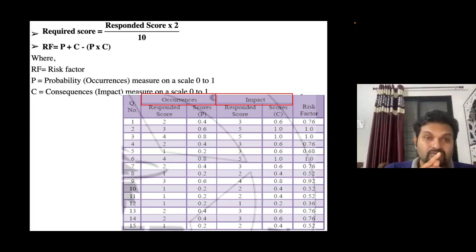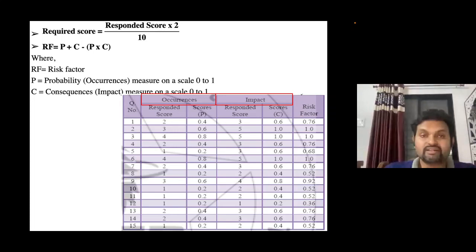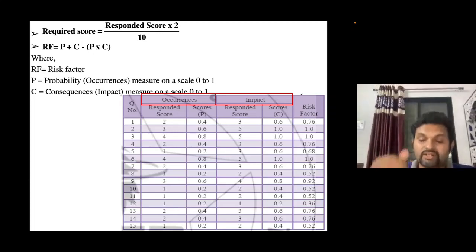Now see the score, right? How am I going to calculate the required score? That will be from the responded score. Whatever score you have responded, you need to multiply by 2, means double it, then divide by 10. For example, see the first scenario. This is just an example calculation.